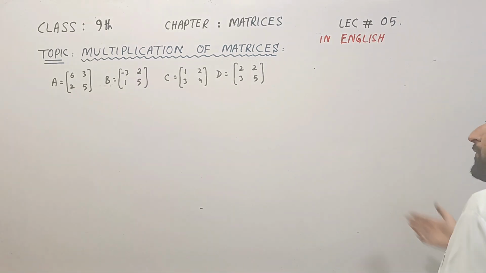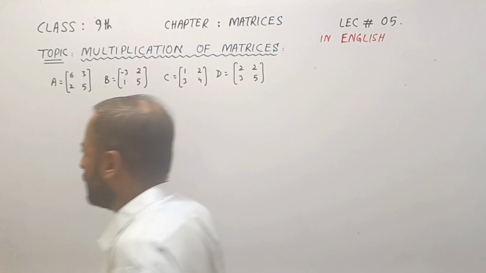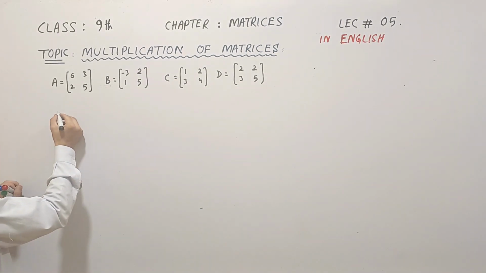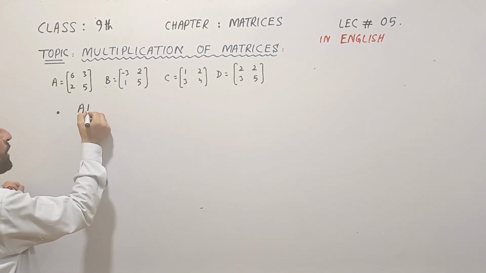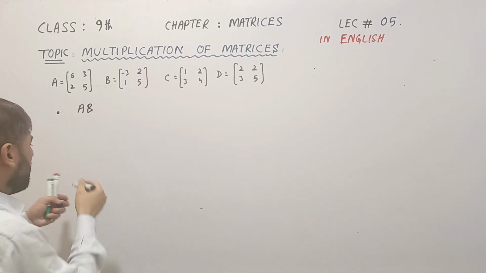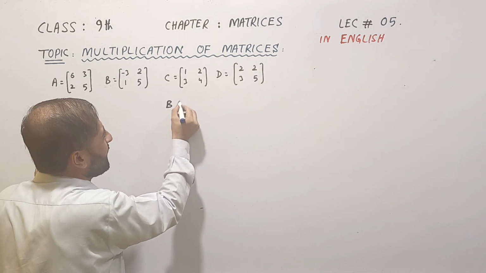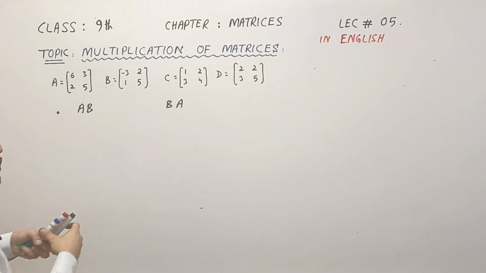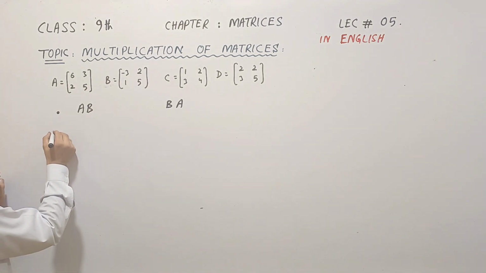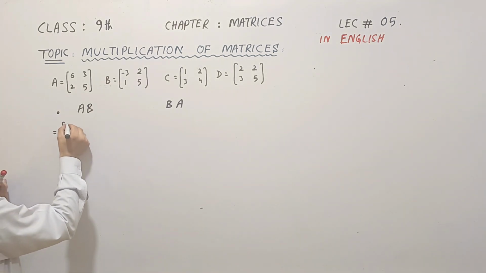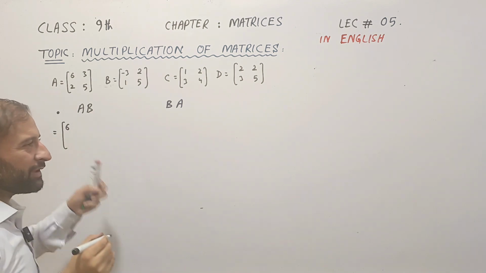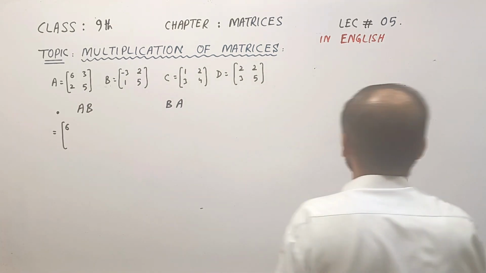Okay. There are four simple matrices given in front of you. To the black marker, I give the task, please calculate AB. And to the blue marker, I give the task, calculate BA. So you take A first. Before this, let me give you another example.